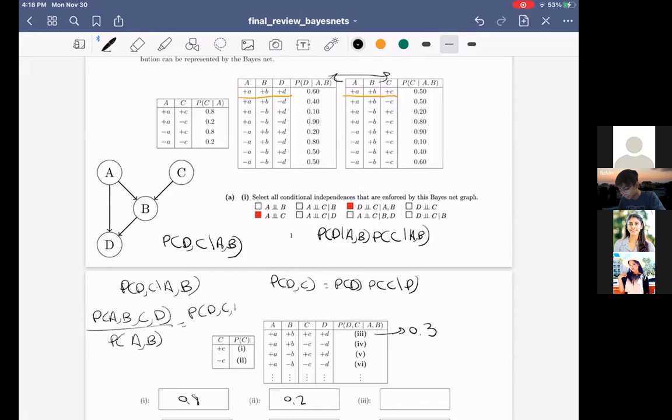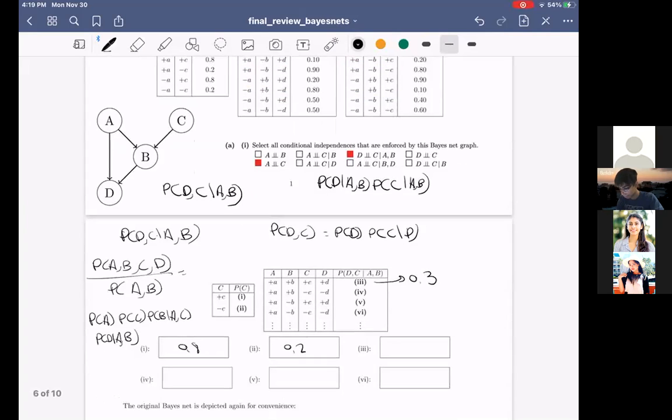Then I expanded the A, B, C, D as all the nodes given their parents. And I got probability of C times probability of A times probability of B given AC times probability of D given AB, and then divided by probability of A and probability of B given AC, right?